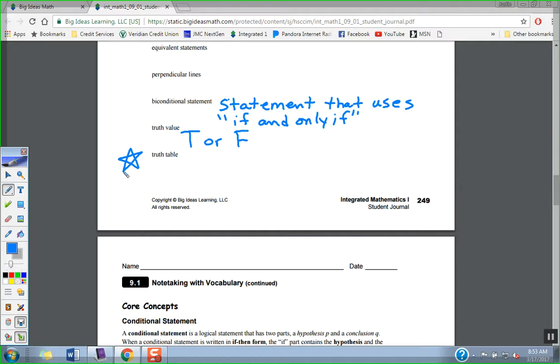This table is going to be pretty important for you. This is going to be used to determine true or false statements.